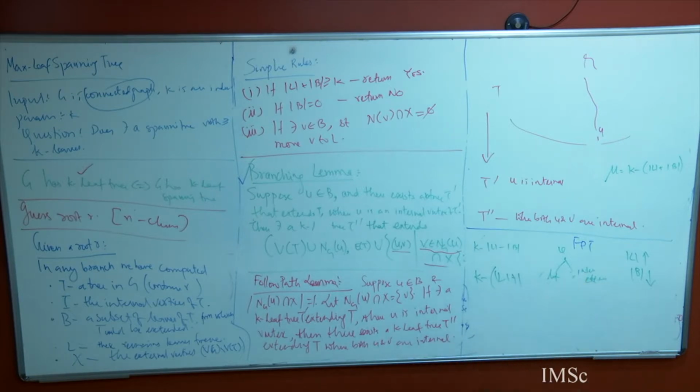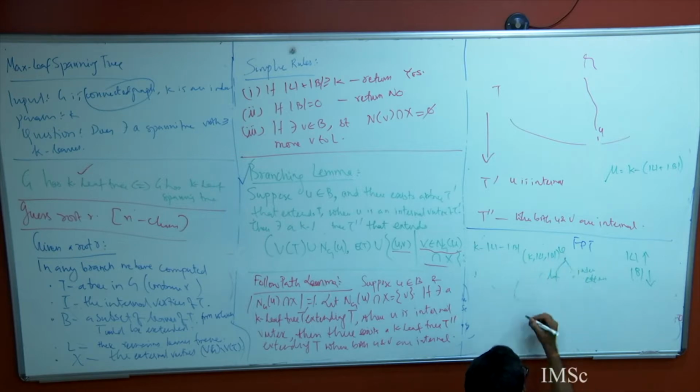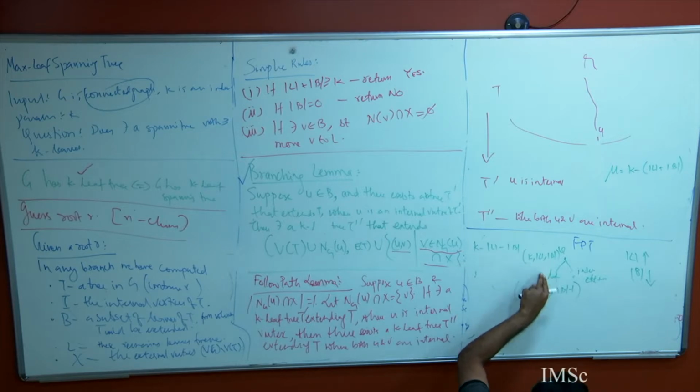So if I use your measure K minus L minus B, at this point of time I had K, I had L, I had B. At this point of time I still have K, and I have L plus 1 and B minus 1. So I have to show that the change in measure, the measure here minus the measure there, should be positive.